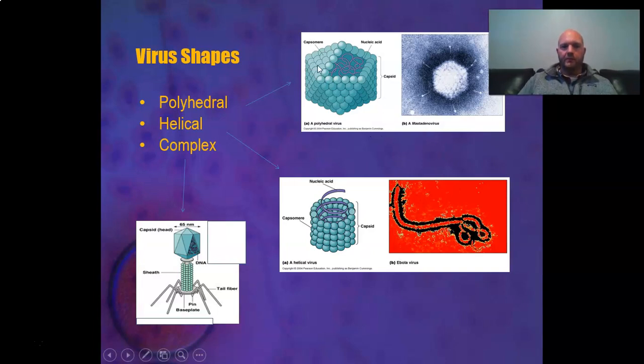Polyhedral can come in any number of shapes, but they're like little tiny rod things around the outside, with the DNA on the inside, or these lunar landing pods over here, my personal fave, because they look like what Neil Armstrong used to land on the moon. But in all actuality, they are just something that attaches to your cells and then injects its piece of DNA, the real treats.